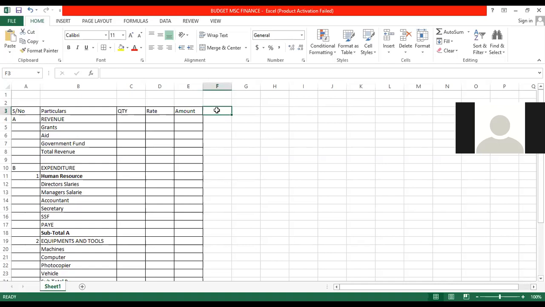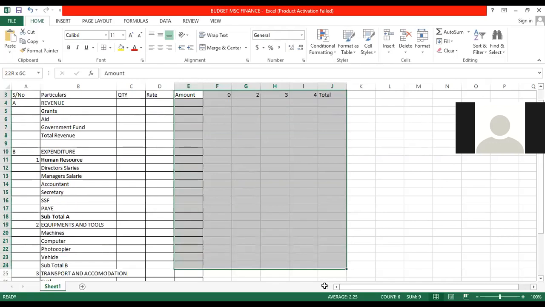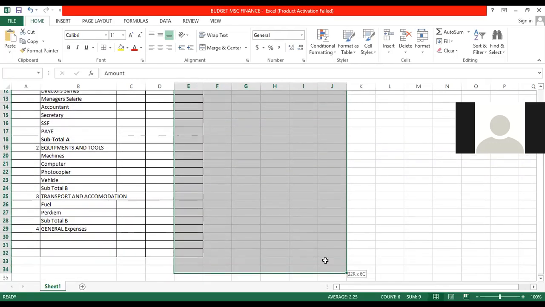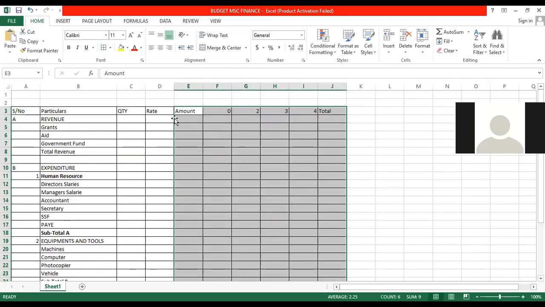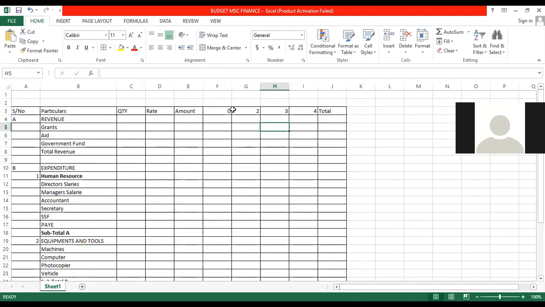Year zero, you can plan year two, you can plan year three, year four, until you get the total, depending on the lifetime of the project. It gives you the total, and when you do that, that becomes your budget which you can use to support.